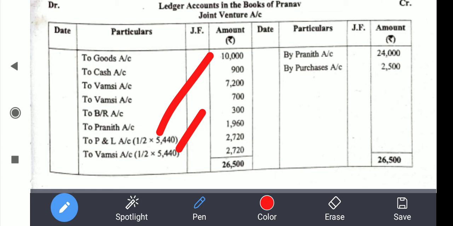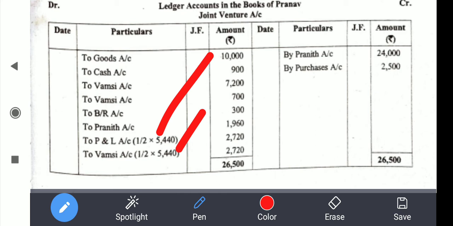So cash account debit to Vamshi account, cash received from Vamshi. Vamshi account debit to cash, that amount should be taken on the debit side. One more important journal entry is if any difference balance is there, that should be settled by Vamshi. Vamshi account debit to cash. Vamshi account settled by Pranav, that amount is paid to Vamshi.